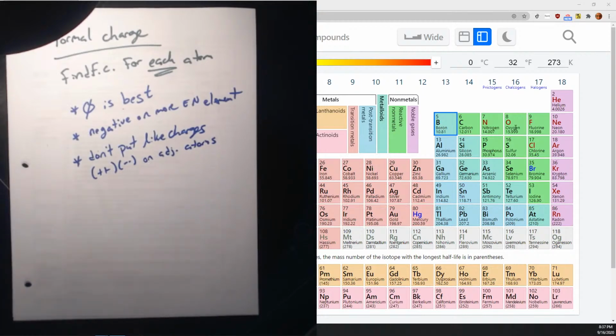Okay. Formal charge, there are a couple of different ways of looking at it.